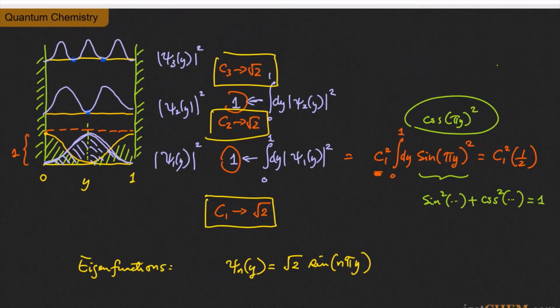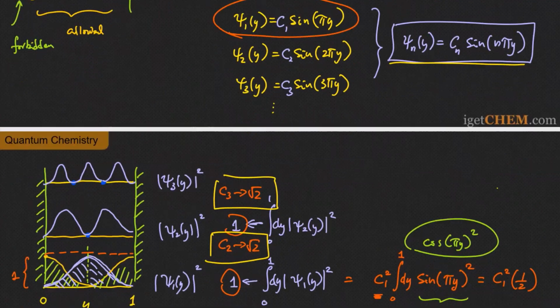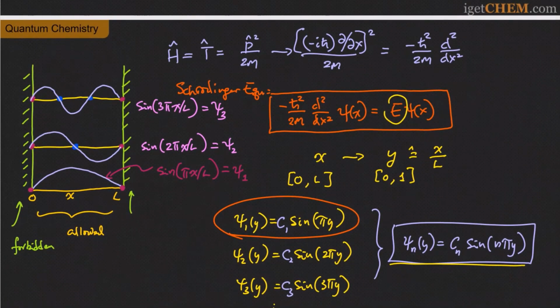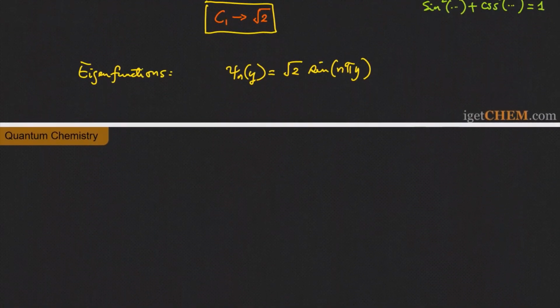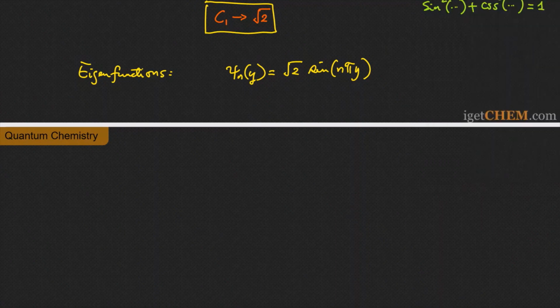Okay, so with that, I can go and find out the values of the eigenenergies for this problem. Again, the functions have to satisfy this equation. So what we need to do is put this back into the Schrodinger equation, evaluate the left side, and find out what the derivatives are.